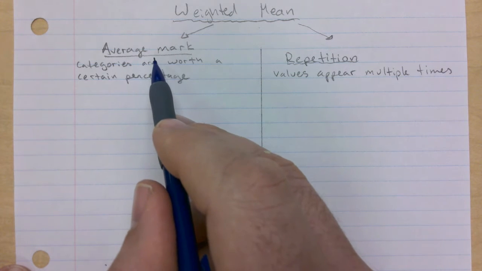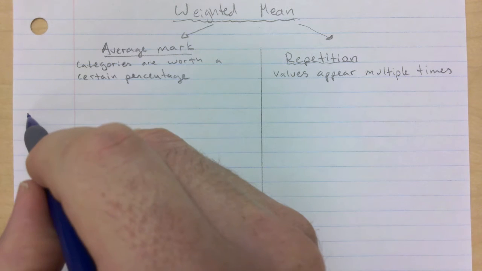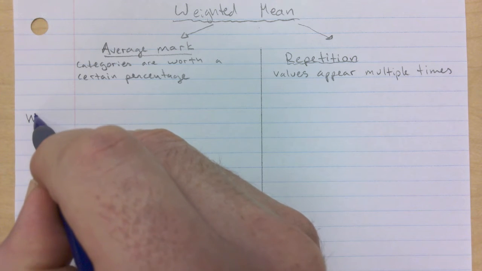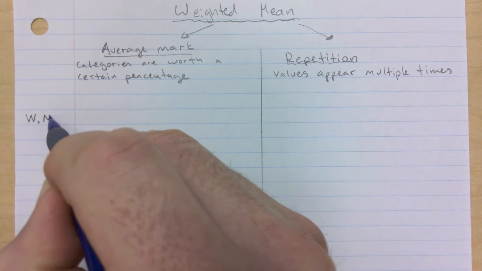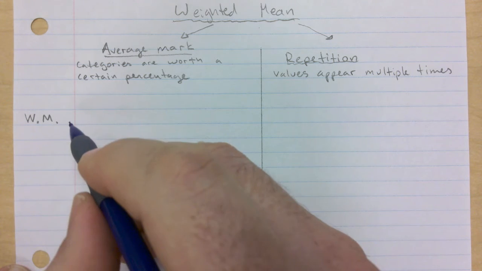If you want to calculate the average mark, this is what the formula would look like. I call this weighted mean.